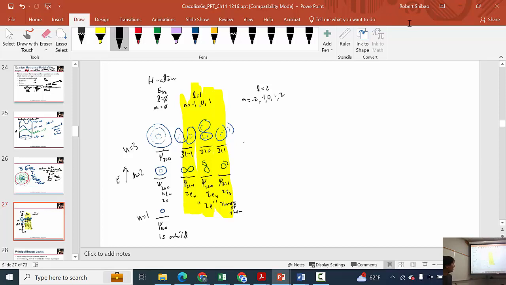And that gives me 5 lines, 1, 2, 3, 4, 5. And that's going to be defined as 3, 2, minus 2, 3, 2, minus 1, 3, 2, 0, 3, 2, 1, and 3, 2, 2.